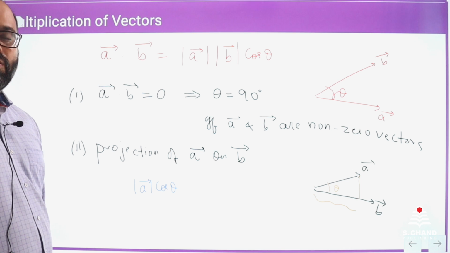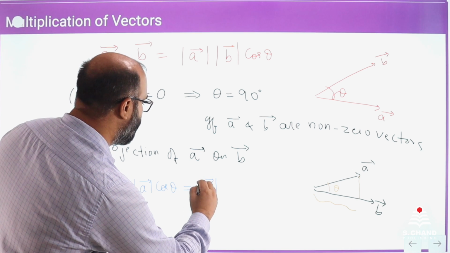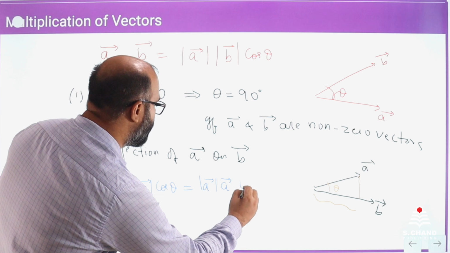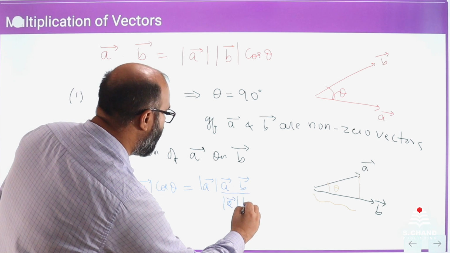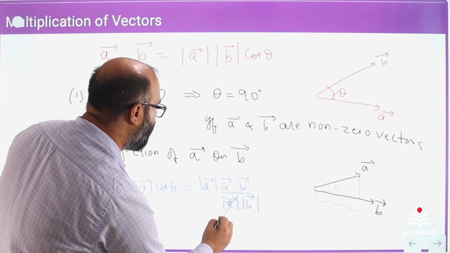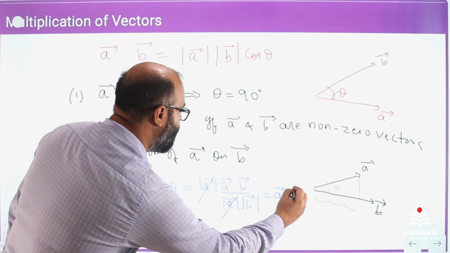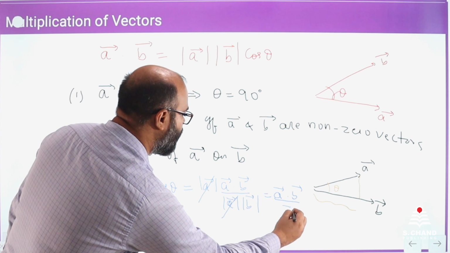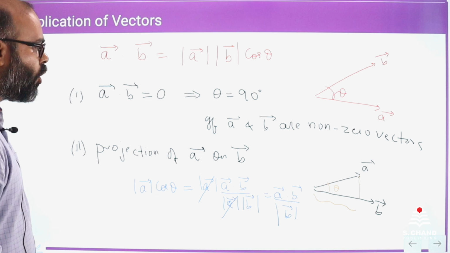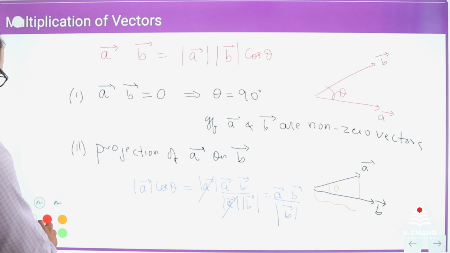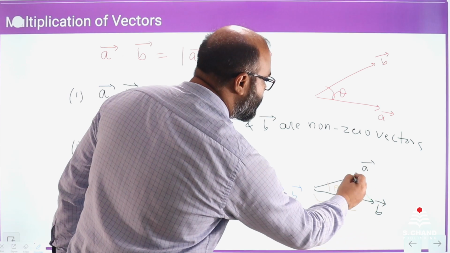Now what is A mod cos theta? This can be written as mod A into A dot B by mod of A into mod of B, right? So mod of A will get cancelled and we get A dot B by mod of B. So this is the projection of A on B. Similarly, if we talk about the projection of B on A, we take it like this.